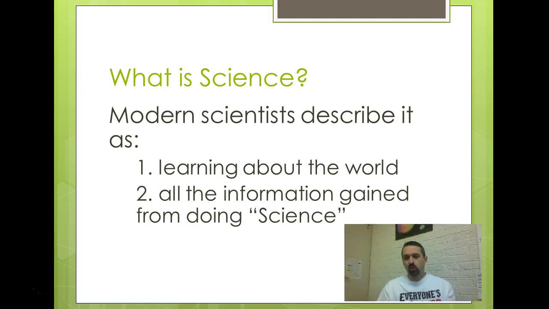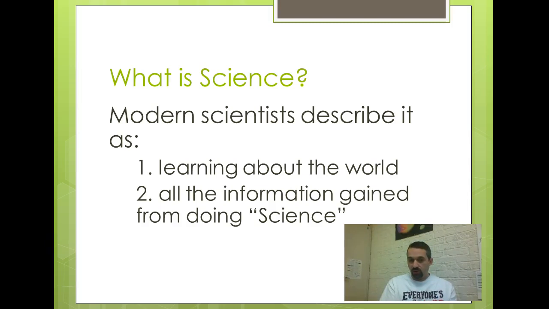When we do science, we go, you know what, I wonder why when we look at the sky it's blue, but it's made of the same stuff that I'm breathing in, and when I look out I don't see blue, it's transparent. I can see through it. Then there are investigations we can do to figure out why the sky looks blue when we look up, but when we look across the room it's clear. That would be learning about the world.